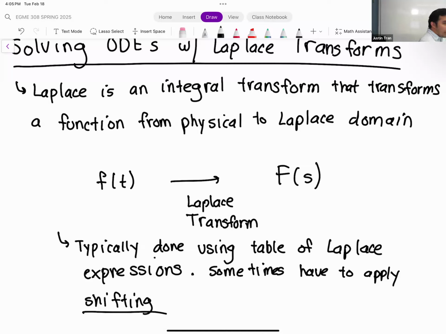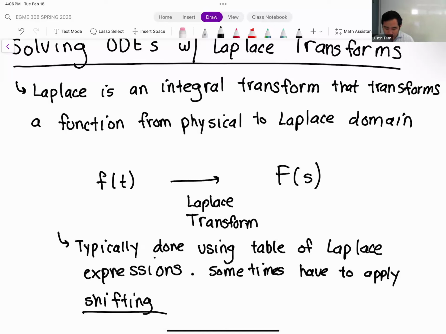So the way we typically do transforms is we first look at the table. If nothing matches exactly, we see if we can use shifting to help, and then we do the transform from there. For most functions we'll be dealing with, especially for engineering systems, this is good enough. Very rarely do you have to plug in the actual formula itself.